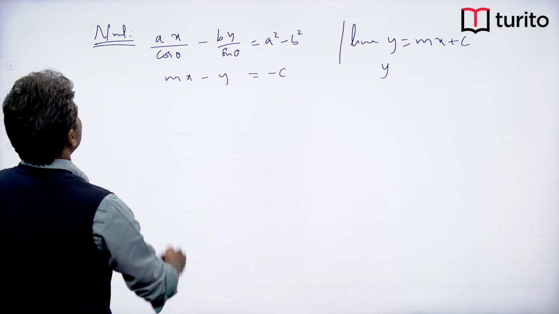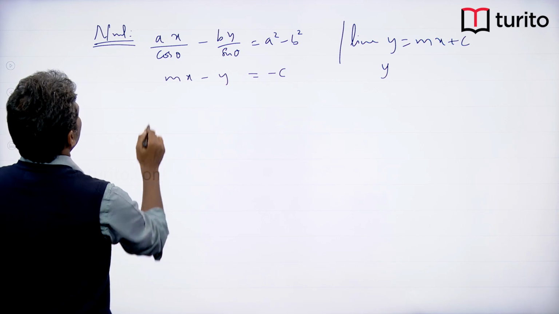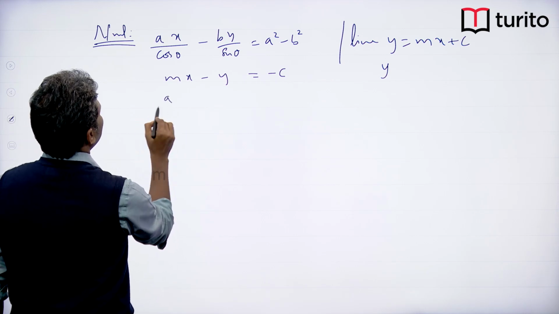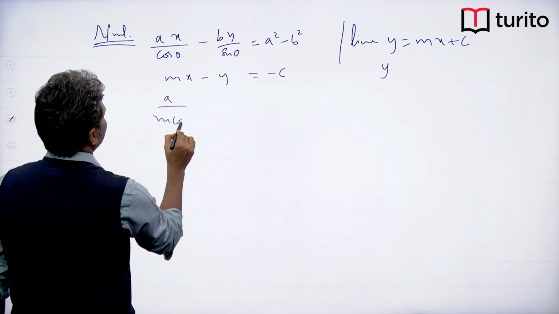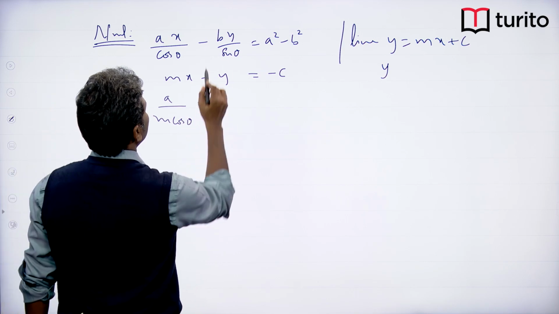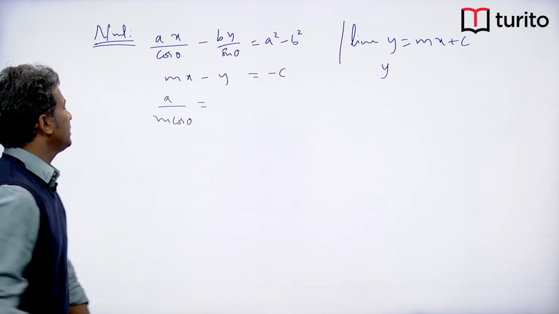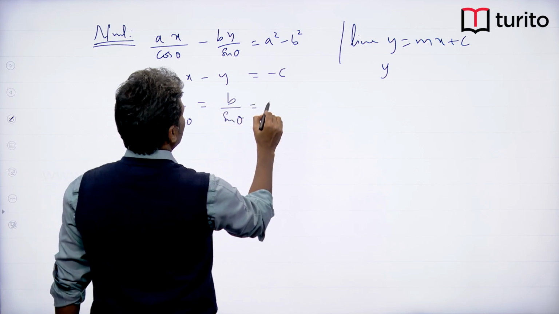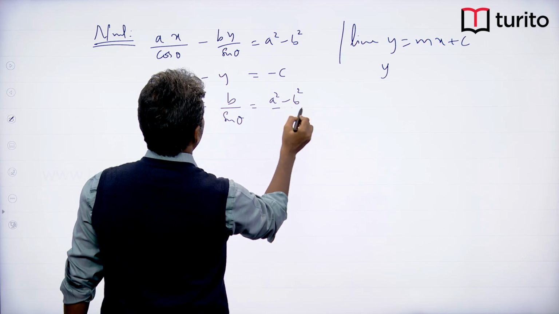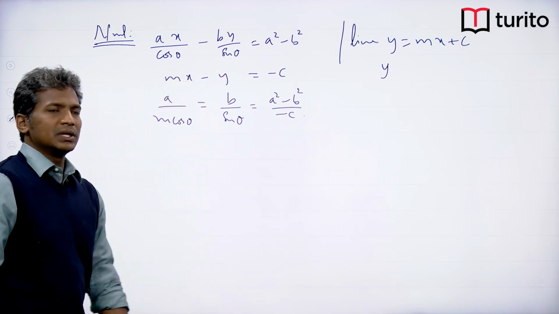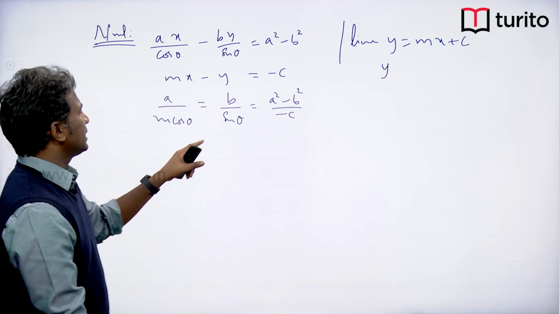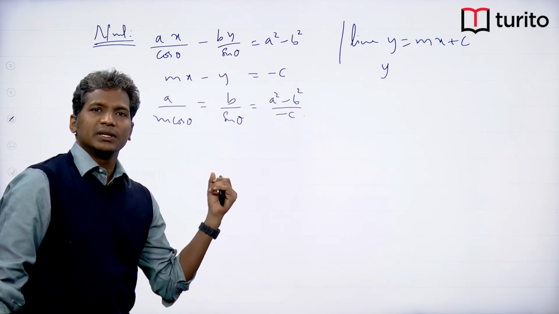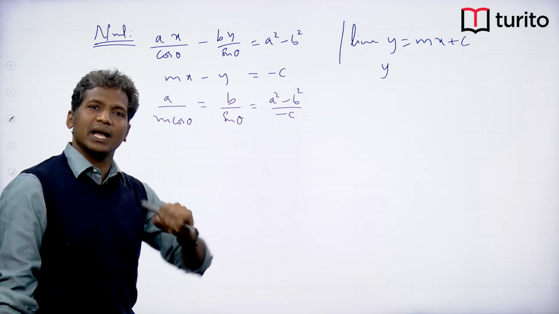Then what do we get? We get a by m cos theta is equal to, here both are having minus sign, b by sin theta is equal to a square minus b square by minus c. So from here we can directly get a relation between c, a, b and m.